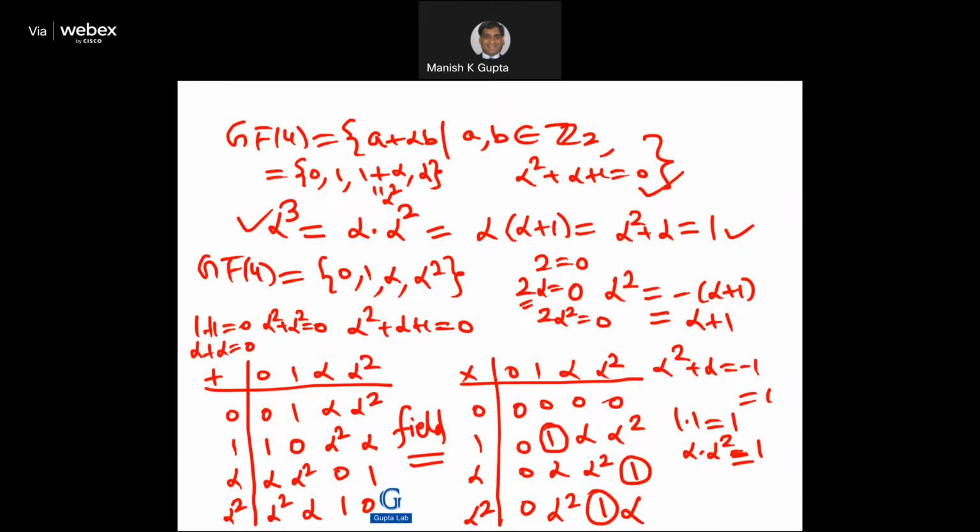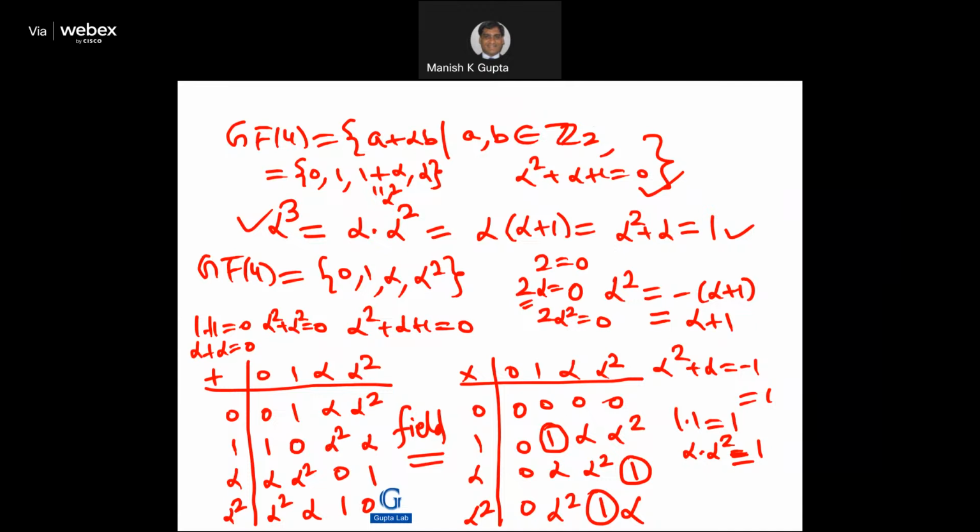Suppose you want to construct a field with 2 raised to power S elements. So you should take an irreducible polynomial of degree S over the ground field to construct the field, which has no root in the ground field. So from Z2 you can build the tower: GF(2) to GF(4), GF(4) to GF(8), GF(8) to GF(16), GF(32), and so on, right?